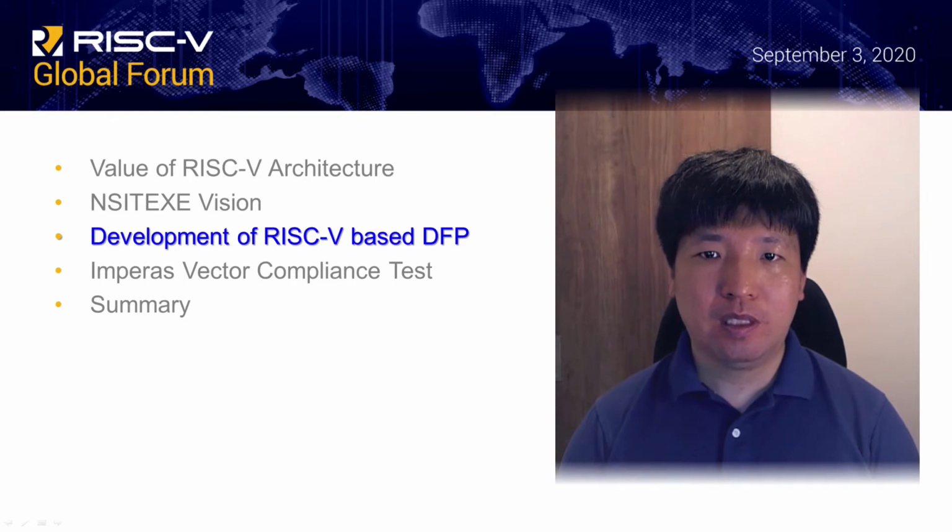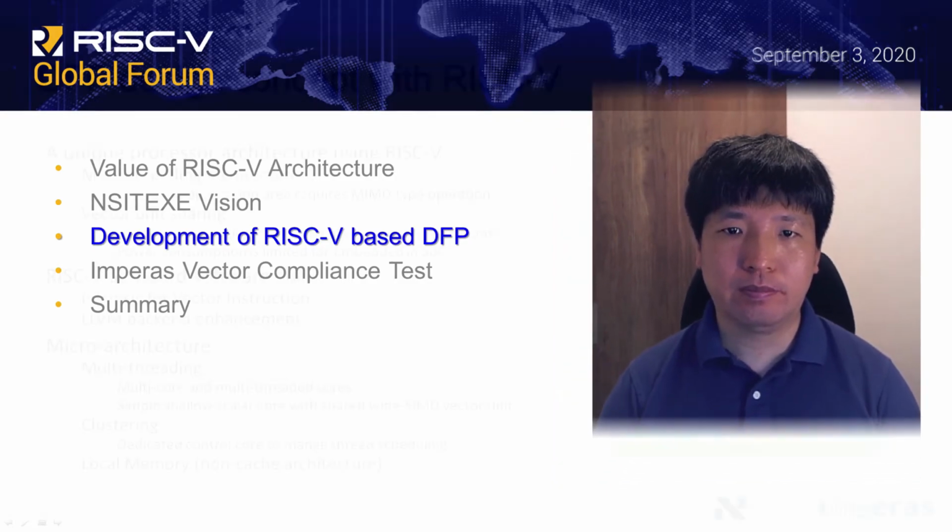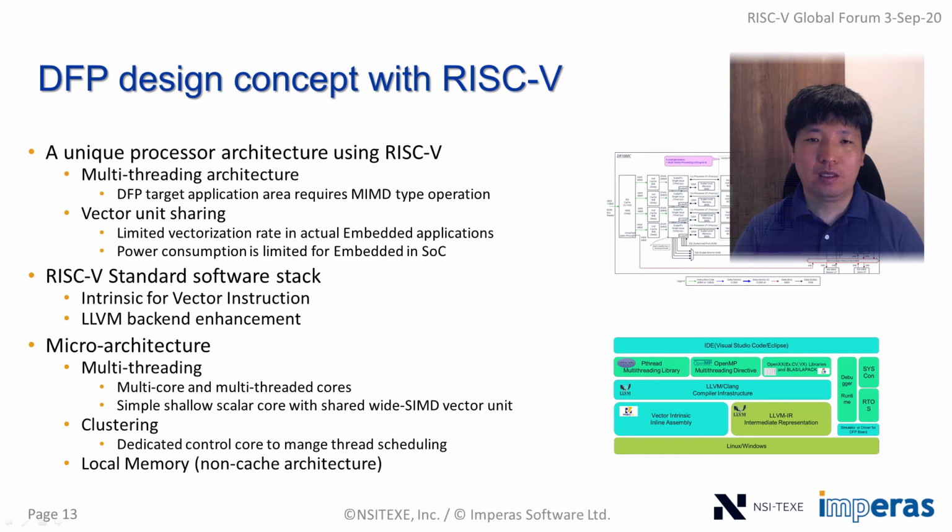From here, let me explain our DFP detail and Imperas' Vector Compliance Test Suite, which is used for DFP vector unit verification. CTO Sugimoto explained the target of DFP. DFP has a slightly unique architecture that adopts RISC-V ISA to achieve this target.